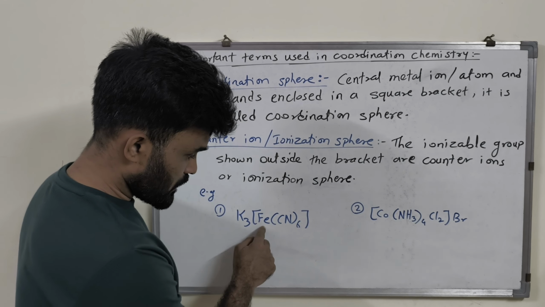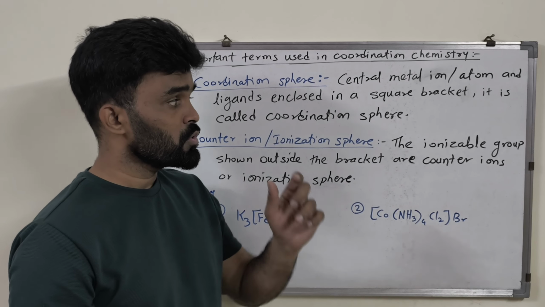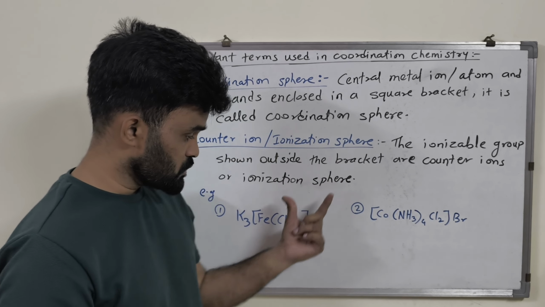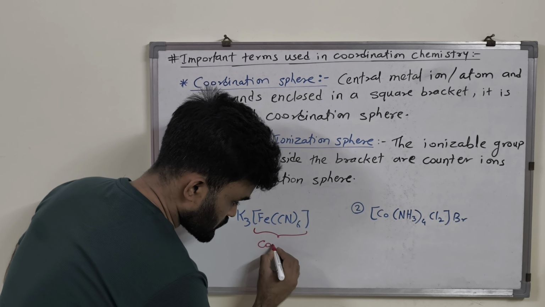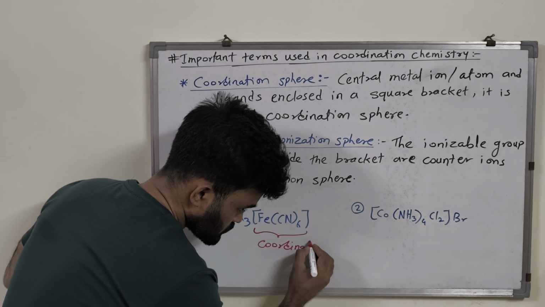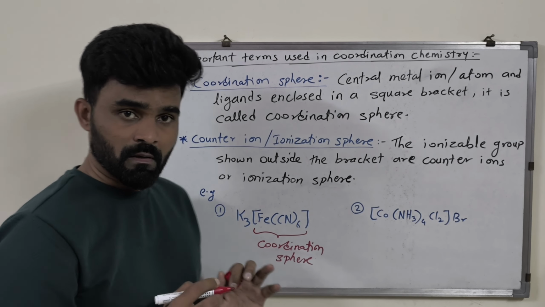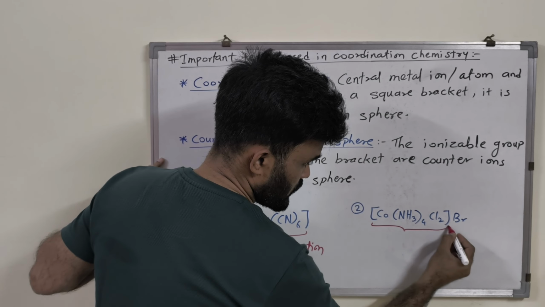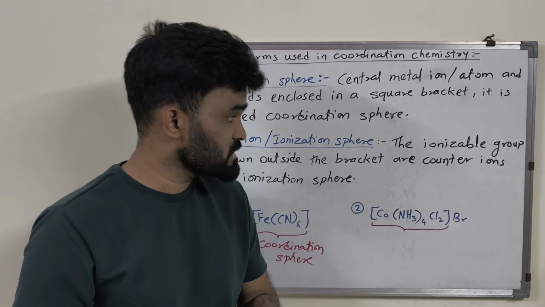Okay, central metal atom and ligands enclosed inside a square bracket known as coordination sphere. So this will be called a coordination sphere. Then counter ion or ionization sphere.